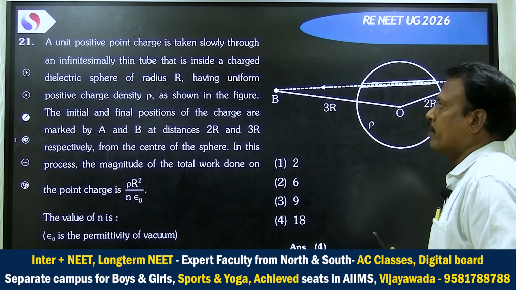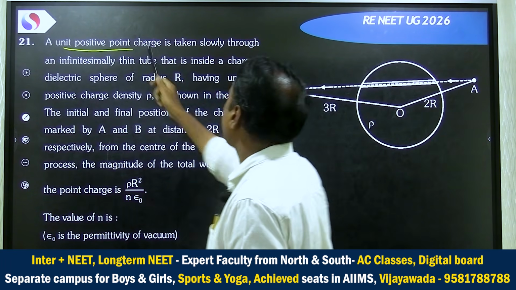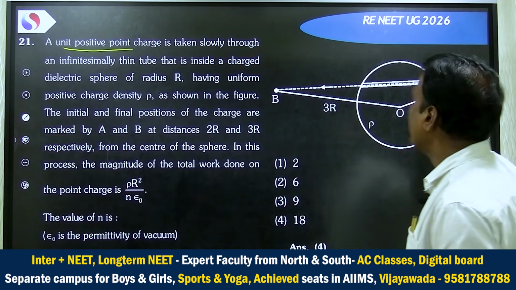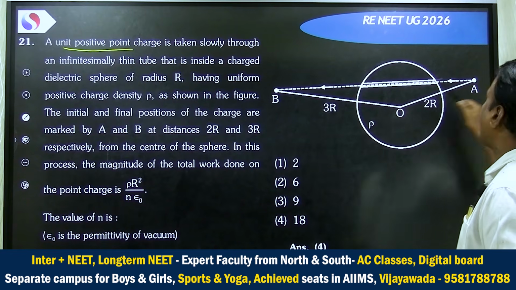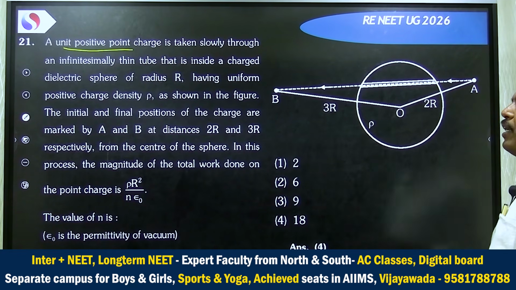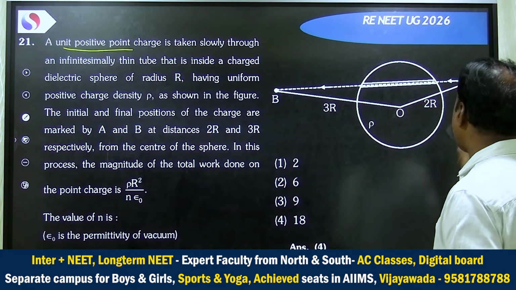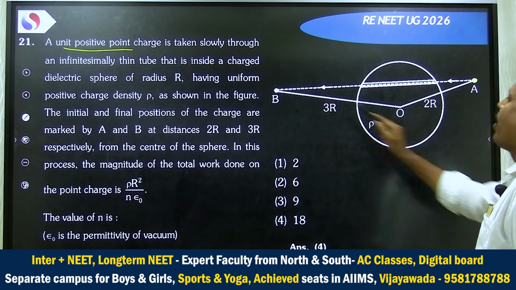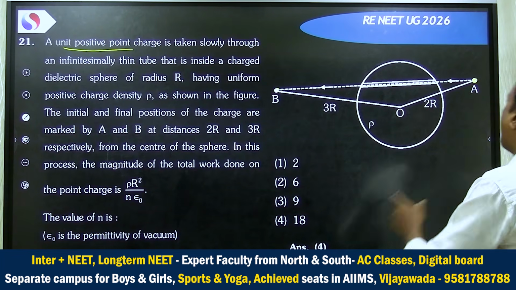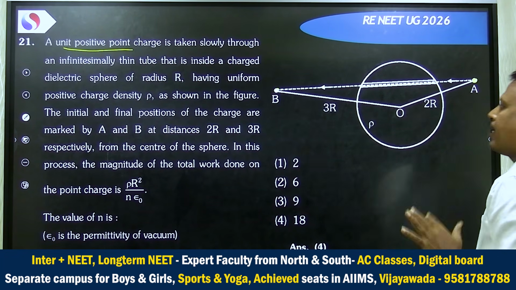And now look here. There is question 21. A unit positive charge is taken slowly through an infinitesimally thin tube inside a charged dielectric sphere. Dielectric sphere, in the sense, it is a non-conducting sphere. The charge is moved from initial point A to a final point B. It is initially at 2R and it is finally at 3R.